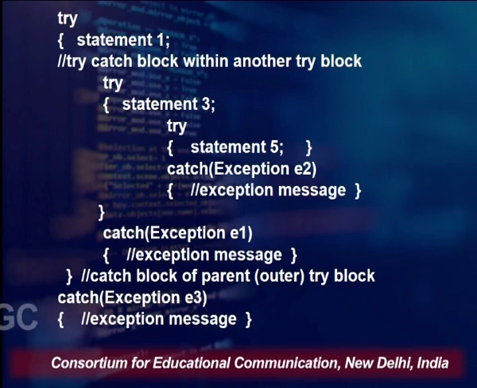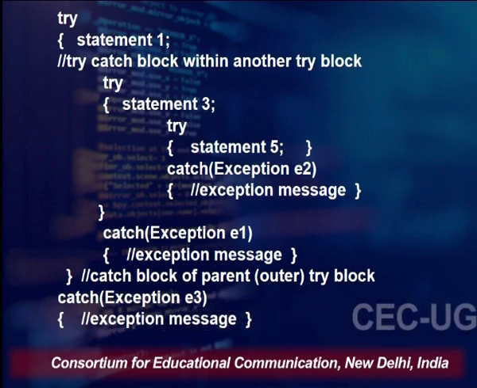Each has a different statement, and those statements are suspected of throwing errors or exceptions. Then the innermost try, which is the third try, is bound with the catch having the exception object E2.